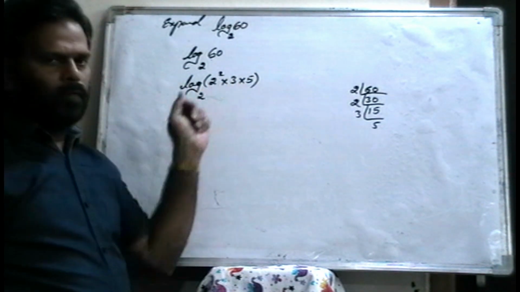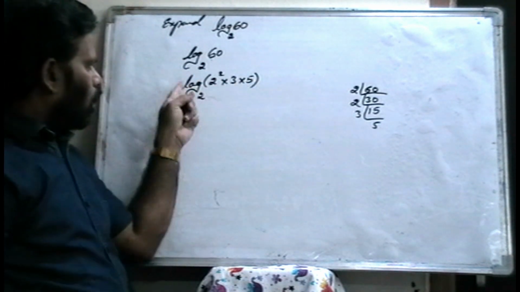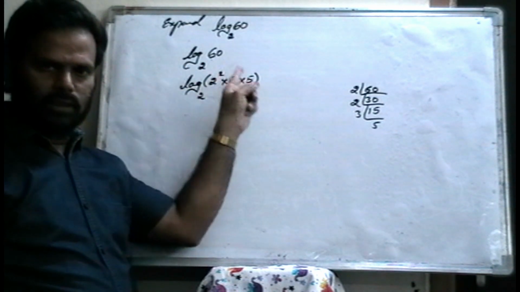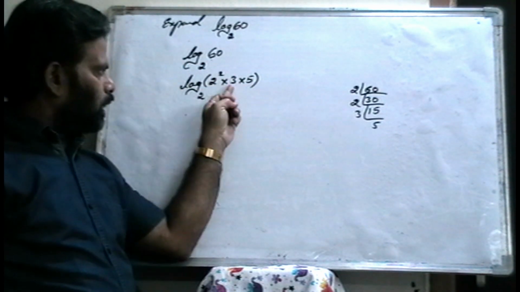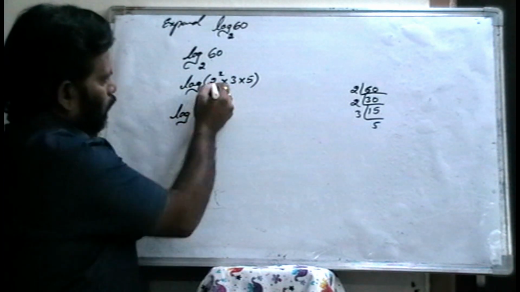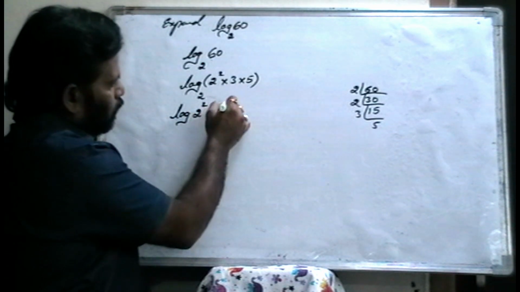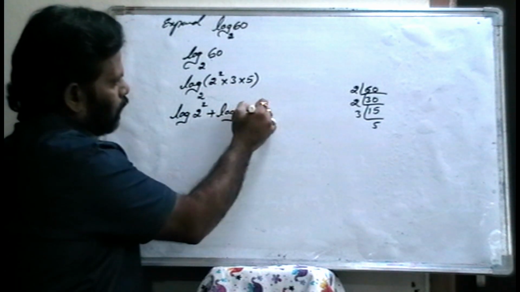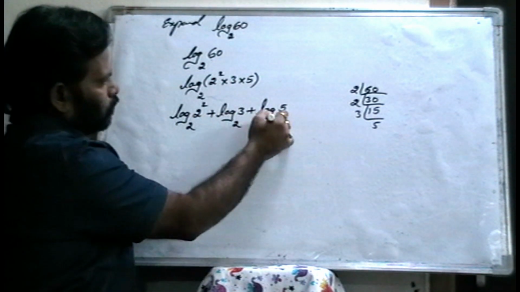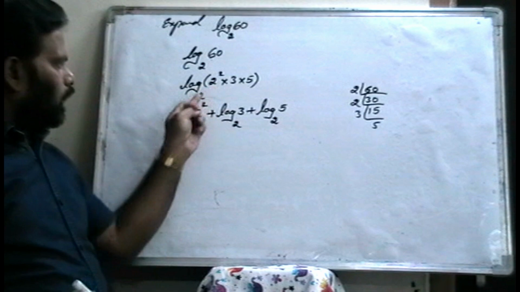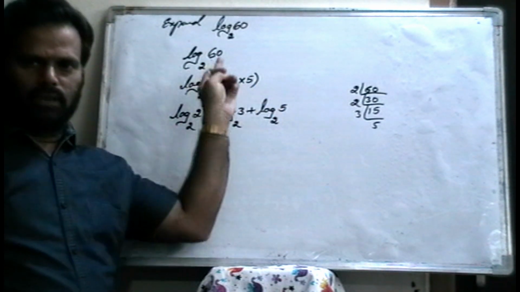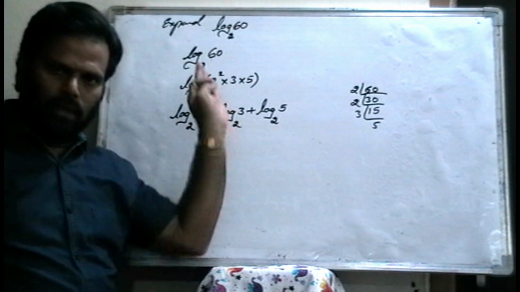So it is in the form of log A into B into C. By the formula, log ABC is equal to log A, which is 2 square, plus log B, which is 3, plus log C, which is 5, to the common base. Log ABC is equal to log A plus log B plus log C.